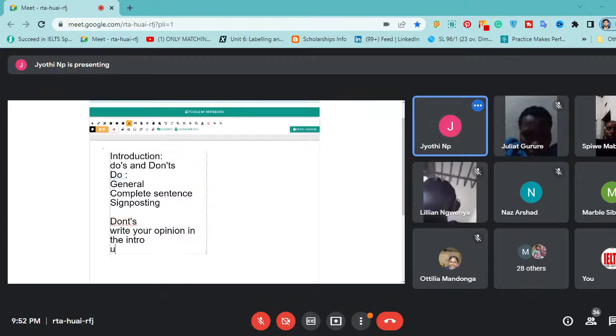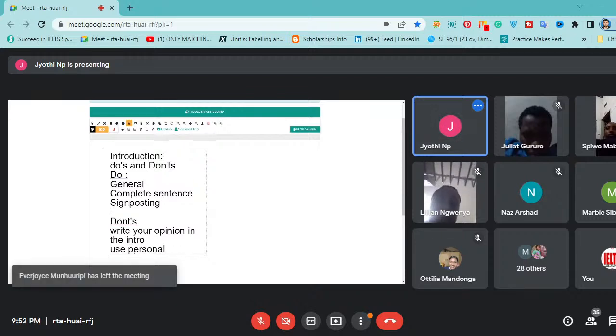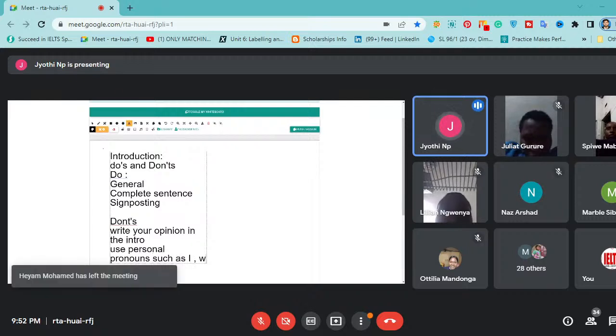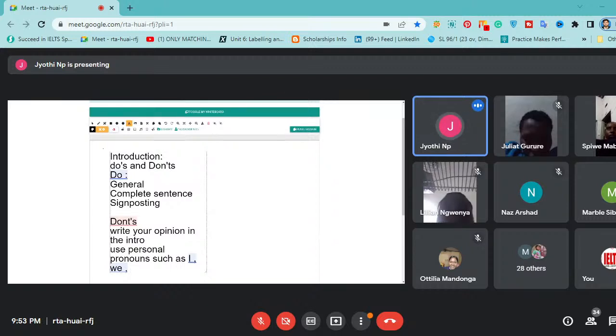don't use personal pronouns such as I, we. You can use the object pronouns such as us, the subject pronouns they or them, or he or his, the third person, based on the context. But remember not to use personal pronouns such as "I will discuss."